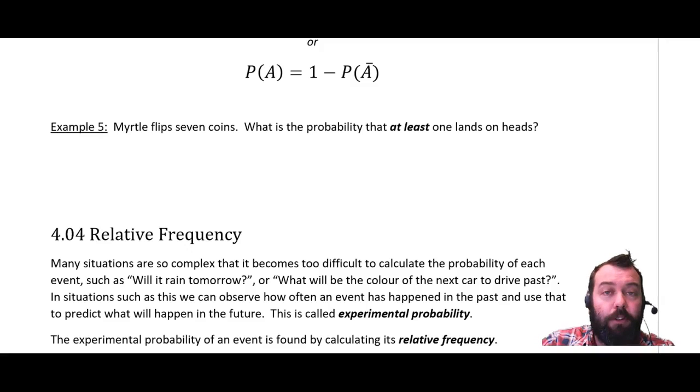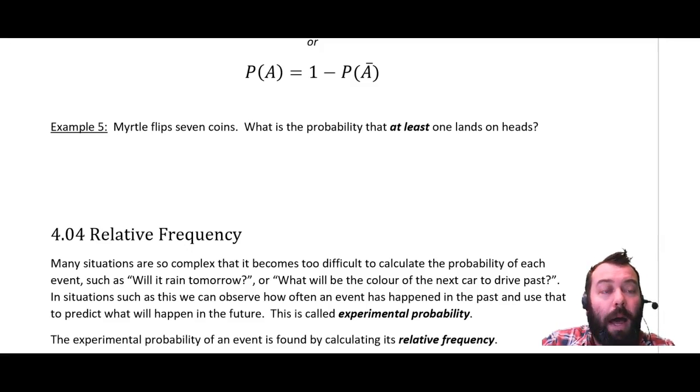There's the first one, the second, the third, the fourth, the fifth, the sixth, or the seventh. And then there is the first and second, the first and third, and so on, right? I could have 1 head, 2 heads, 3 heads, 4 heads, 5 heads, 6 heads, or 7 heads. There's lots of ways that that could happen. There is only one way to have all tails, to have no heads.